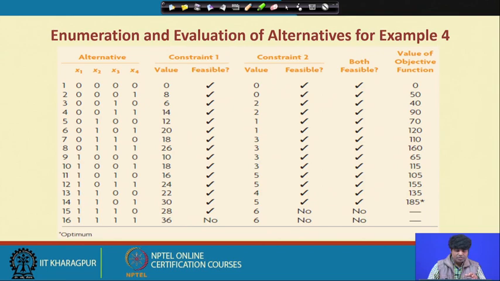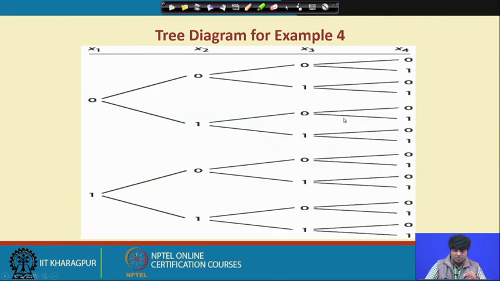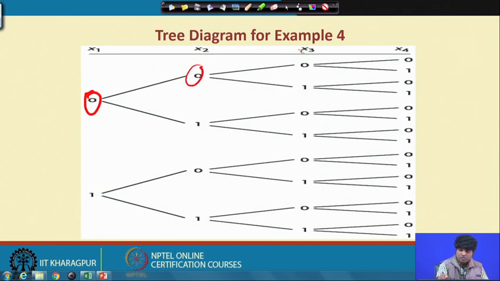The first case is where all are 0, that is 0 0 0 0, meaning x1 is 0, x2 is 0, x3 is 0, x4 is 0. So this case, this case, this case and this case form one particular cluster.